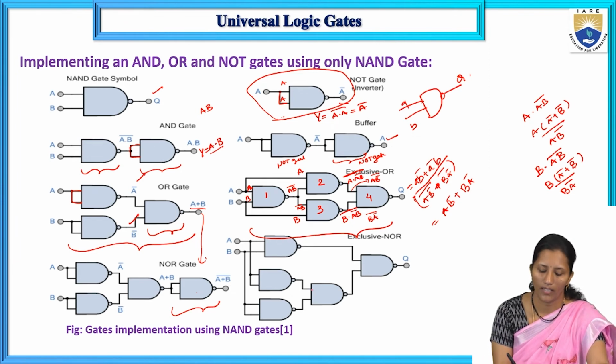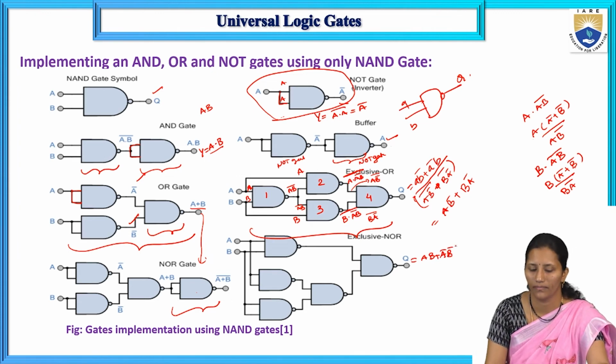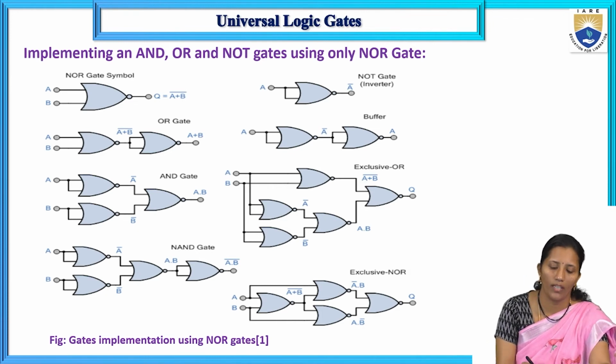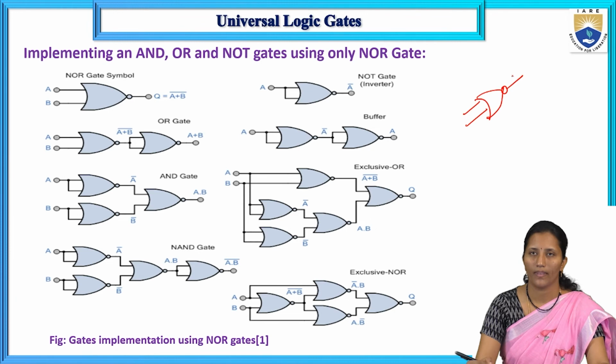Otherwise, we can realize this function by using, here we have to get AB plus A bar B bar. So implementing AND or NOT gates using NOR gate. Here the NOR gate symbol is this one.